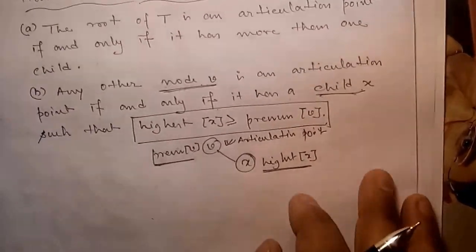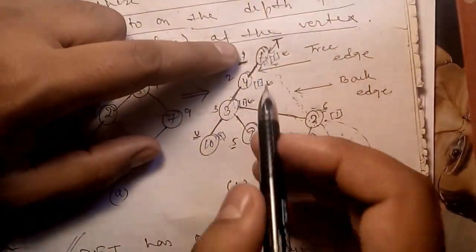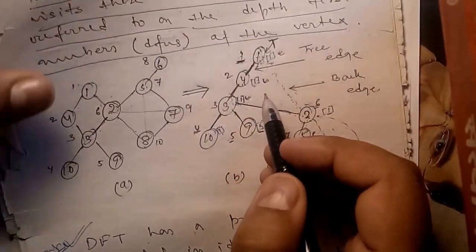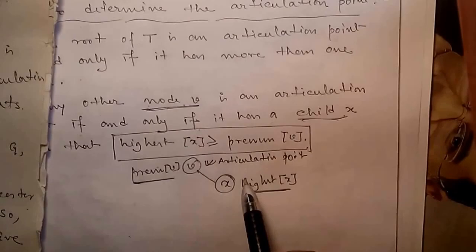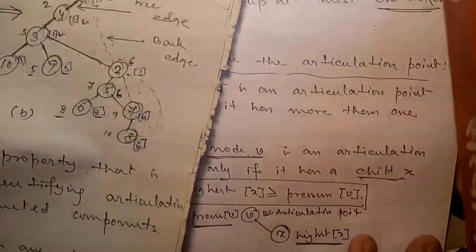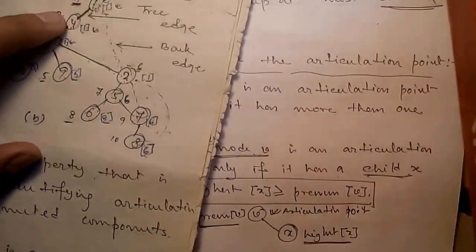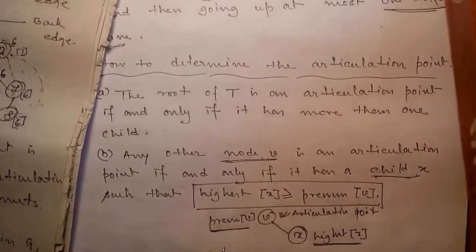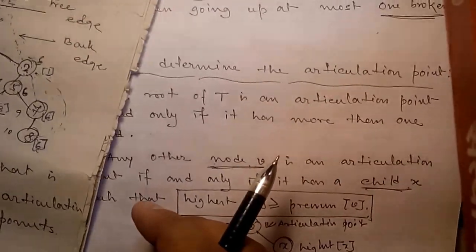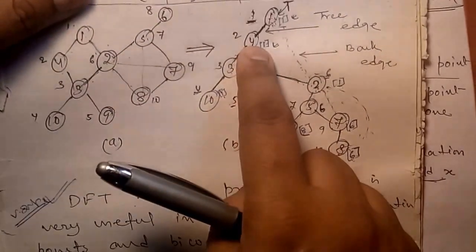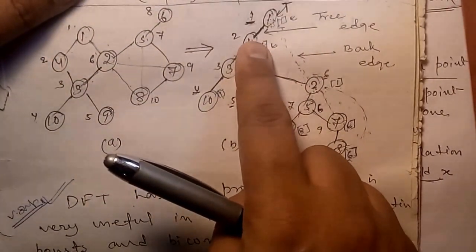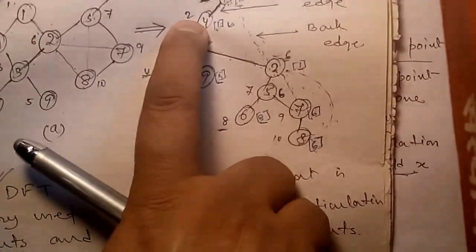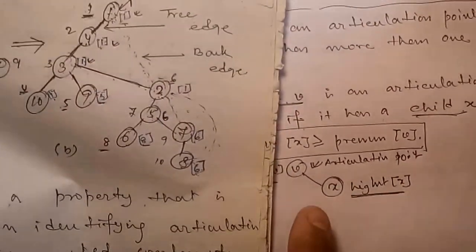Now you can see here, the child is 4. Now is 4 an articulation point? If 4 is an articulation point, its child is 3, its highest value is 1, which is not more than prenup.